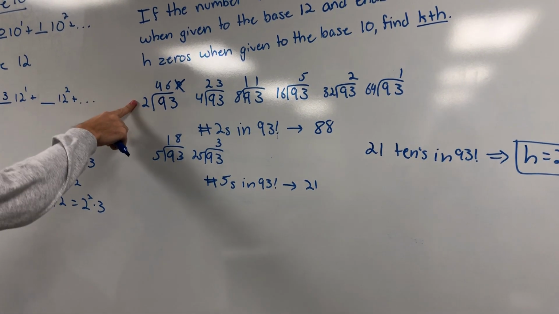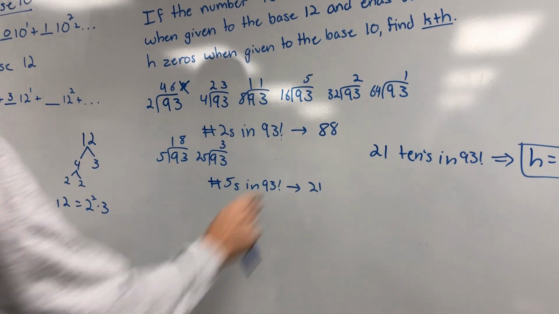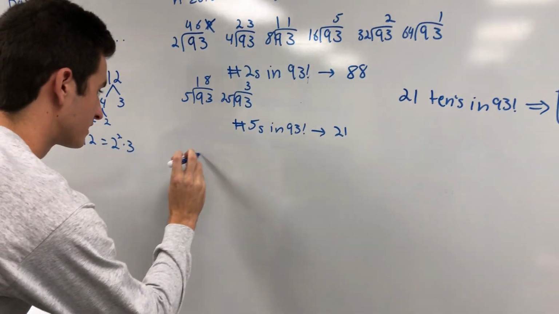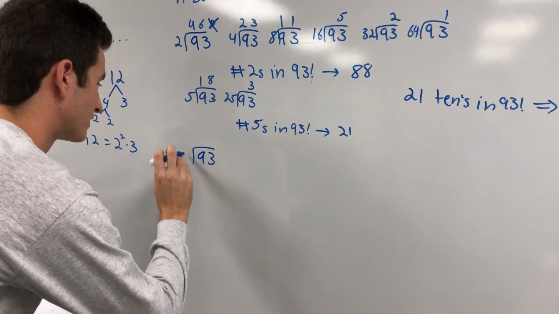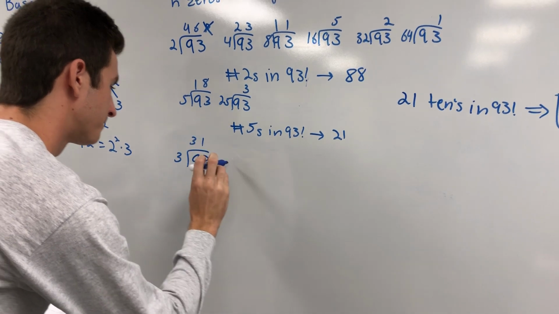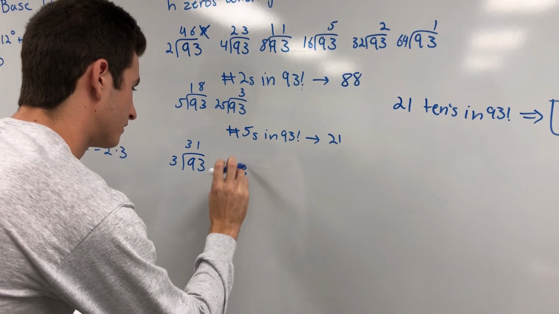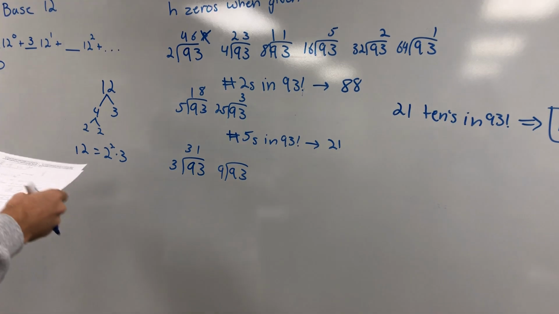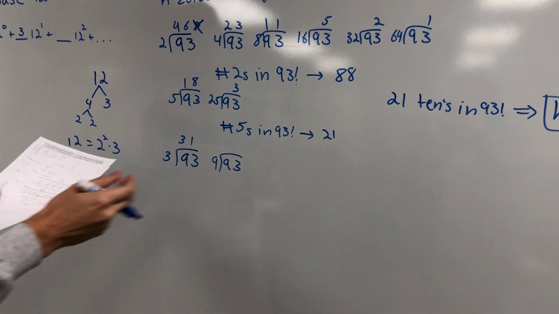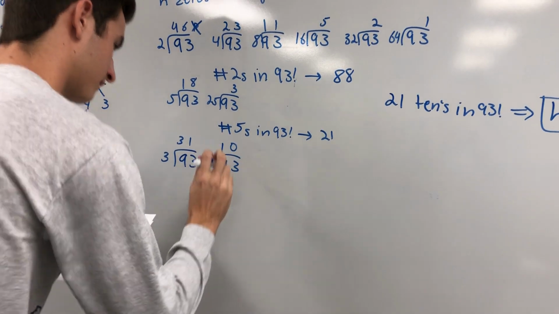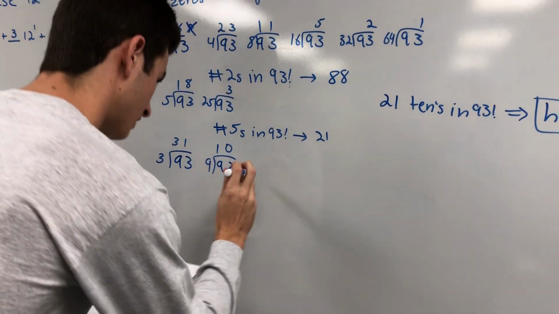So we already found the number of 2s, that's 88. So now we have to find the number of 3s. Divided by 3, that's 31. And then divided by 9, because that gives us an extra 3, that's 10, with a remainder that we don't care about.